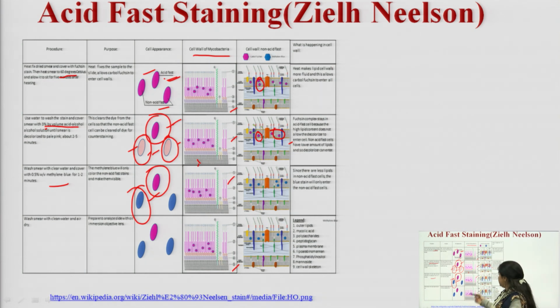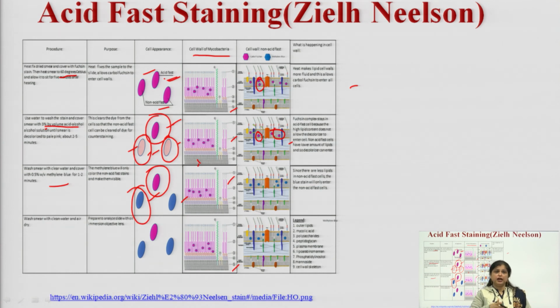After that, you have to air dry the sample and observe it under the microscope. If you see that the microorganisms are pink in color, then they are acid fast, and if you see that the microorganisms are blue in color, then they are non-acid fast.